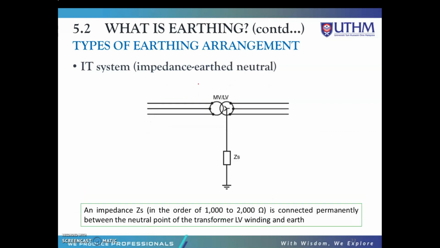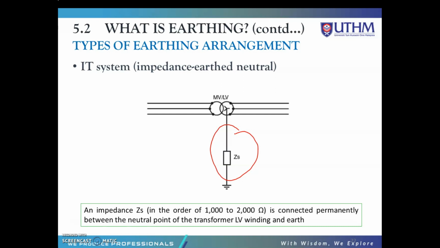The second one is the impedance earth neutral. An impedance ZS in the order of 1 to 2 kilo ohms is connected permanently between the neutral point of the transformer low voltage winding and earth. So we connect with the ZS here. In practice, all circuits have leakage impedances to earth.